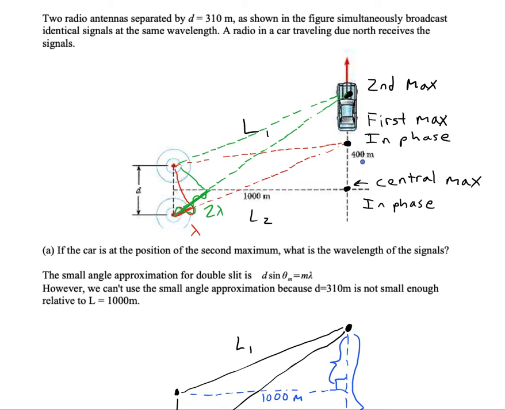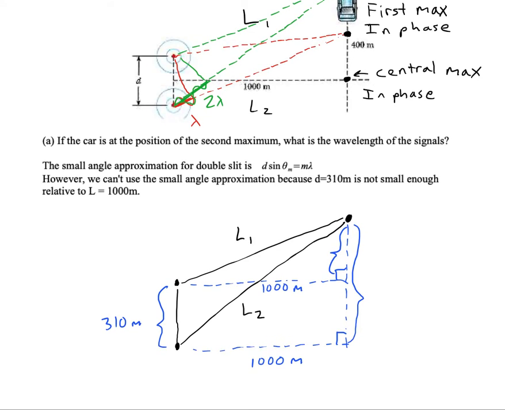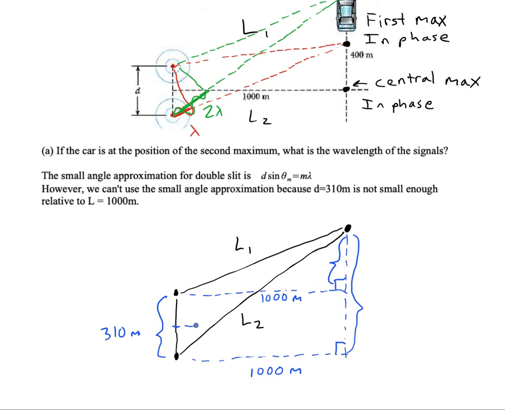Now they're saying here that the distance of the car from the central maximum is 400 meters. And we also know that the distance between the antenna is 310 meters. So if we just cut that in half here, then we're going to have 155 there and 155 there.